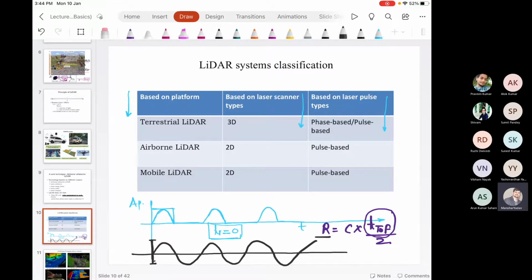So this is for general understanding. In the first case, we calculate the range on the basis of time difference, while in the second case, we calculate the range by the phase difference between the transmitted and received laser beam. So this is also a basis to categorize the LiDAR systems.